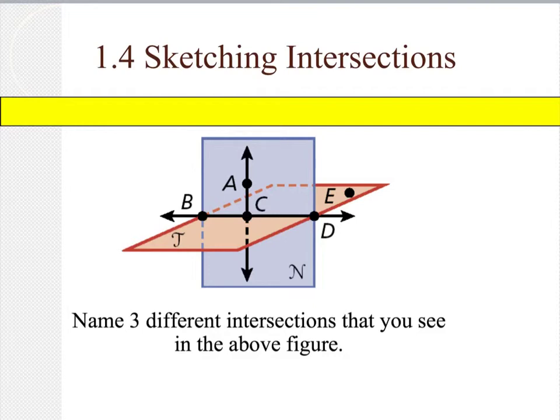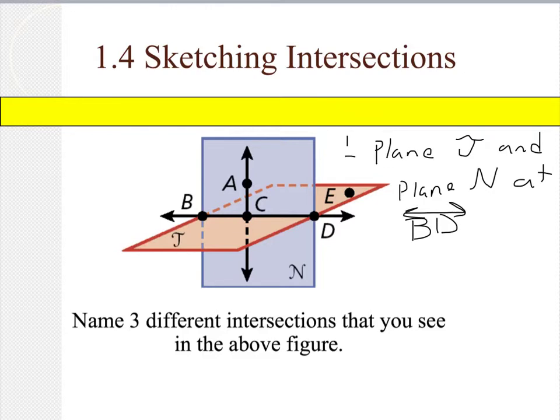Here we go. All right, the very first thing is three different intersections. As I'm looking at this, I notice that plane T, as an ugly T, and plane N intersect at line BD.